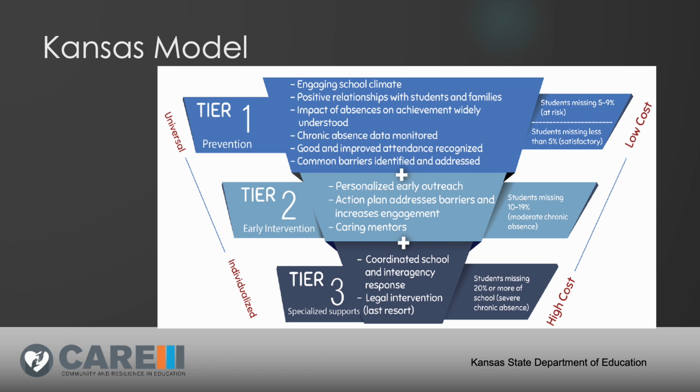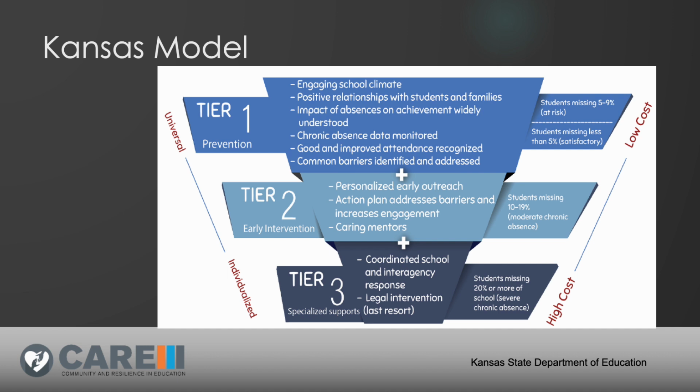So here's an example from the Kansas State Department of Education. This is our triangle inverted. But basically, this is what their tiered intervention plan looks like for absenteeism. And they go from tier 1 prevention to tier 3 specialized supports.